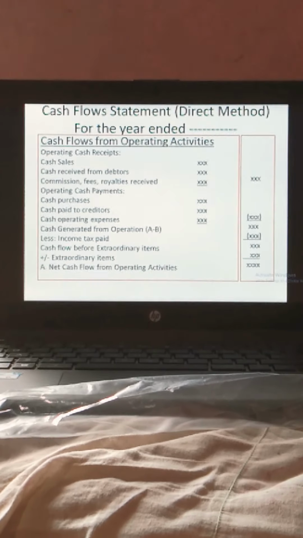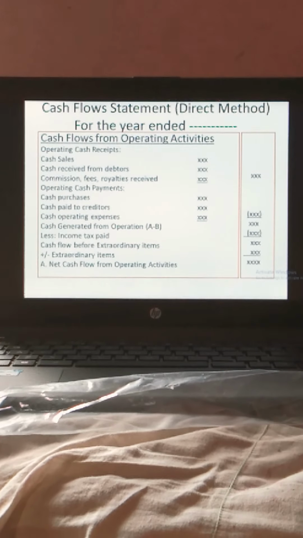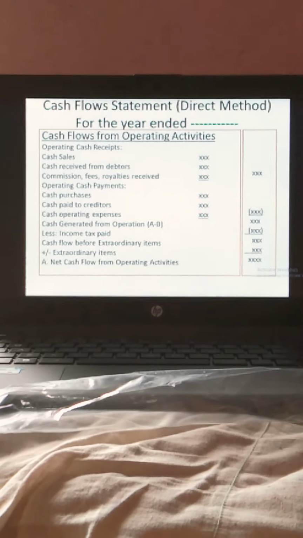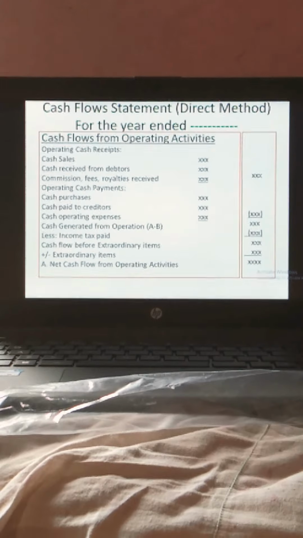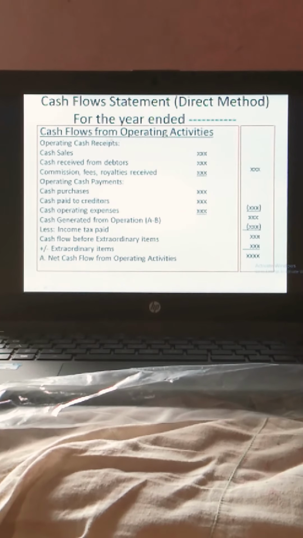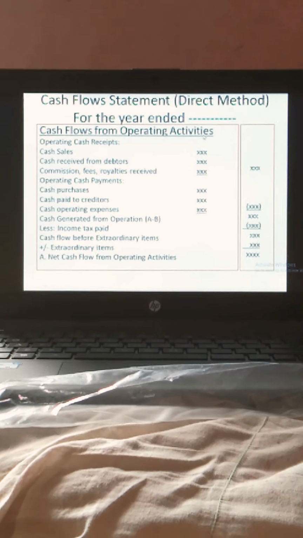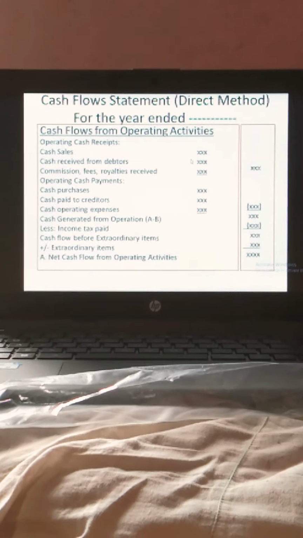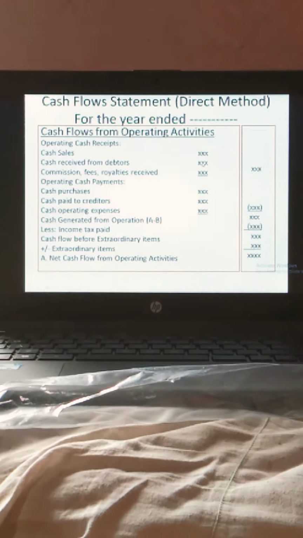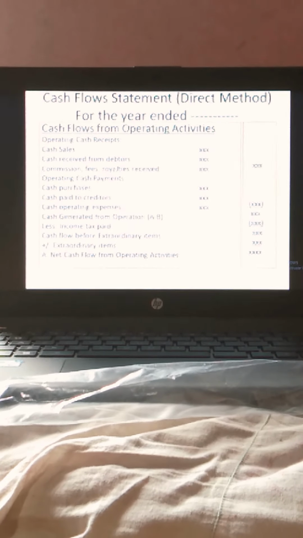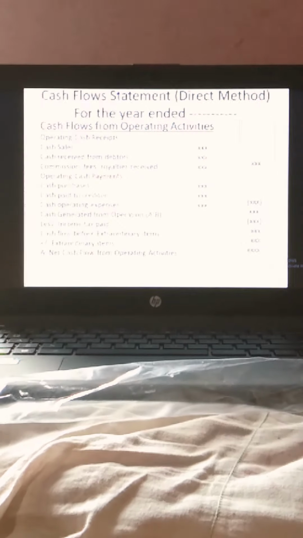Now we can see the elaborated form, the full complete form of the cash flow statement under the direct method. Under the direct method, as we discussed, first we take cash flows from operating activities. The operating cash receipts include mainly cash sales, cash received from debtors, cash received in the form of commission, fees, royalties received, that we have to take.